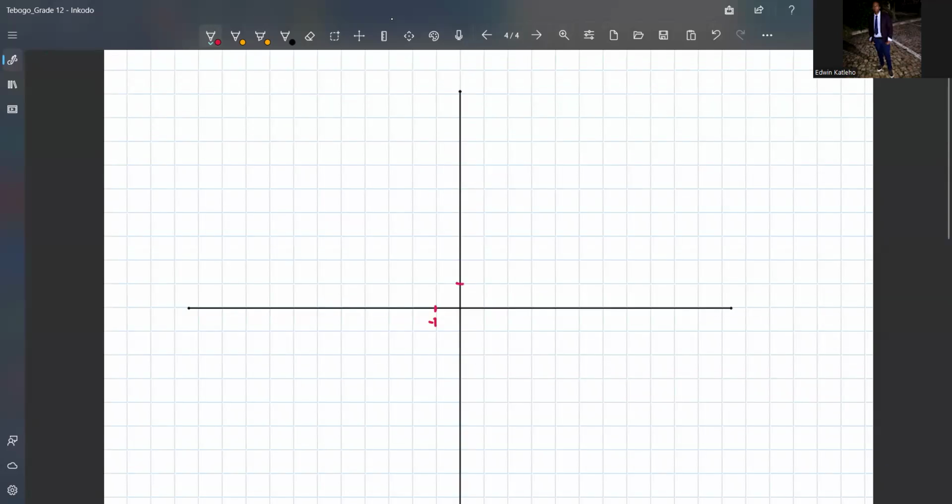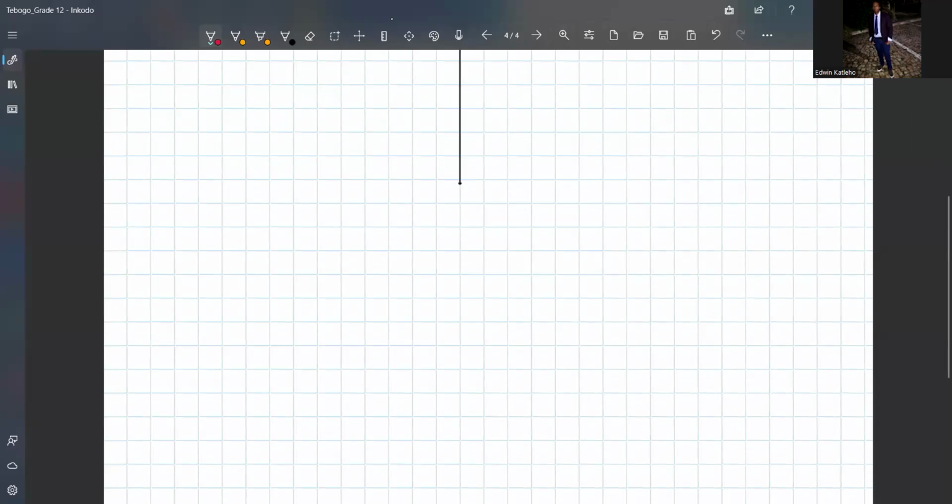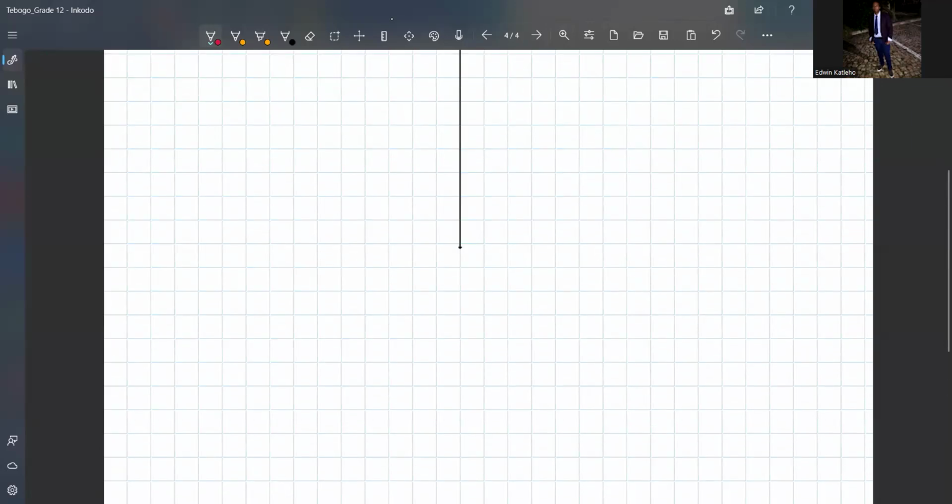So I will go 2, 4, 6, 8, 10, 12, 14, 16, 18. So 20 is somewhere there. So even going down, we're going to have 20, that is just after. So you have 2, 4, 6, 8, 10, 12, 14, 16, 18, 20 is here. So -20 is somewhere down there. I'll just extend it.